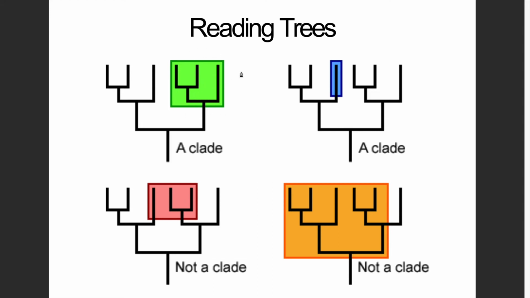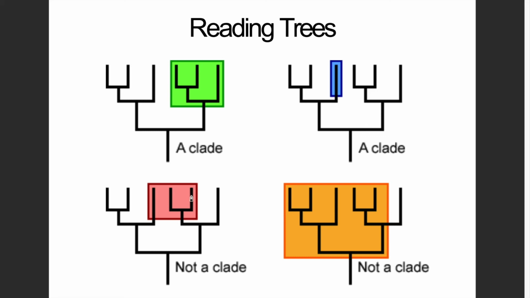It should contain the common ancestor and the descendants of that group. So this is a clade. This is also a clade because it is a group that contains your extant members and the not-so-extant members of that group. And this is not a clade because, why?